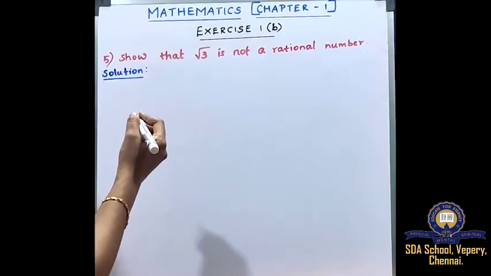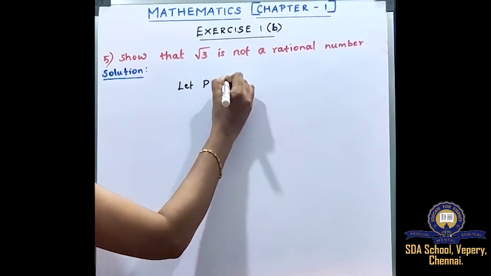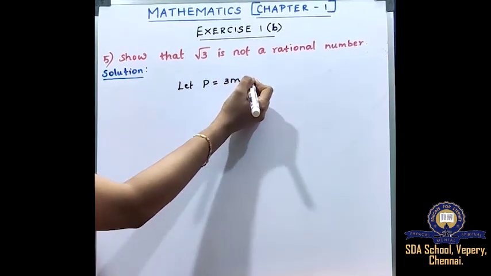Now we are going to assume p to be 3m. So let p equals 3m.